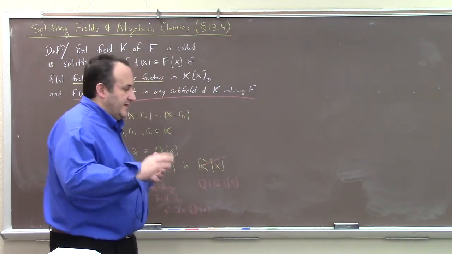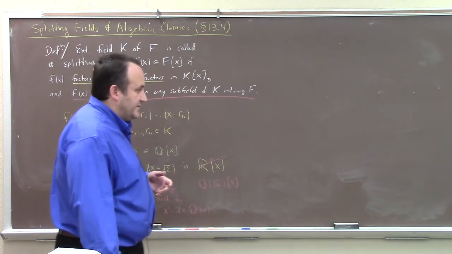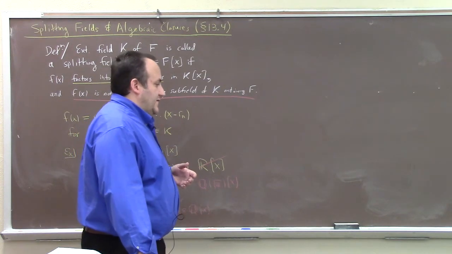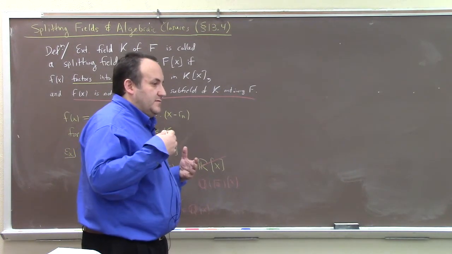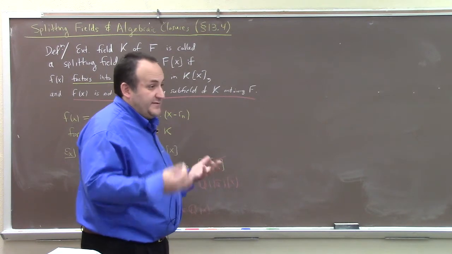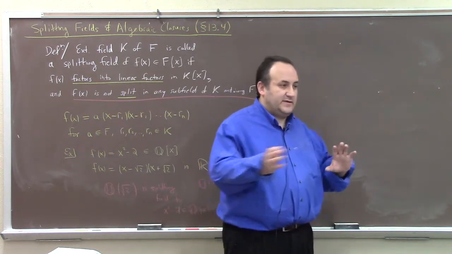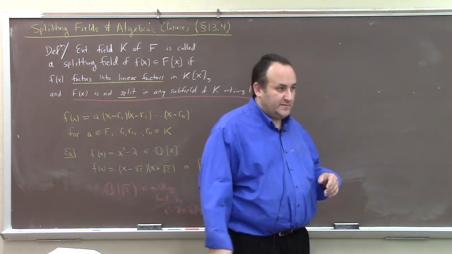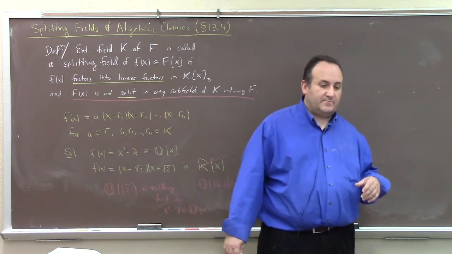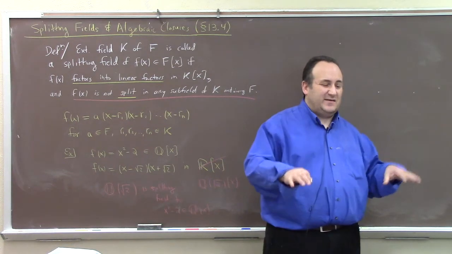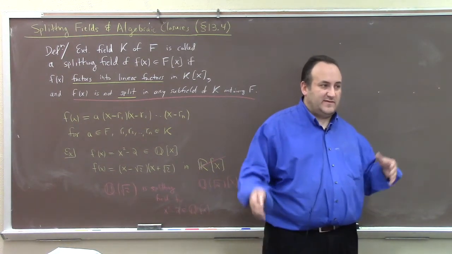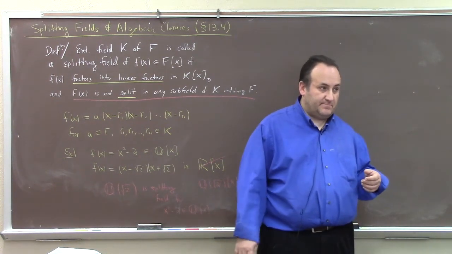The other major thing this section does that I will not do in class is this: if you have a polynomial with rational coefficients, you know full well that it will factor completely, that it splits in the complex numbers. Any rational polynomial is split over the complex numbers.